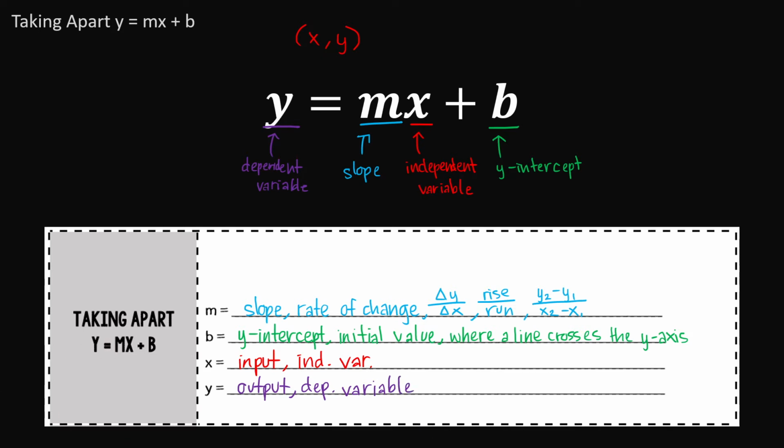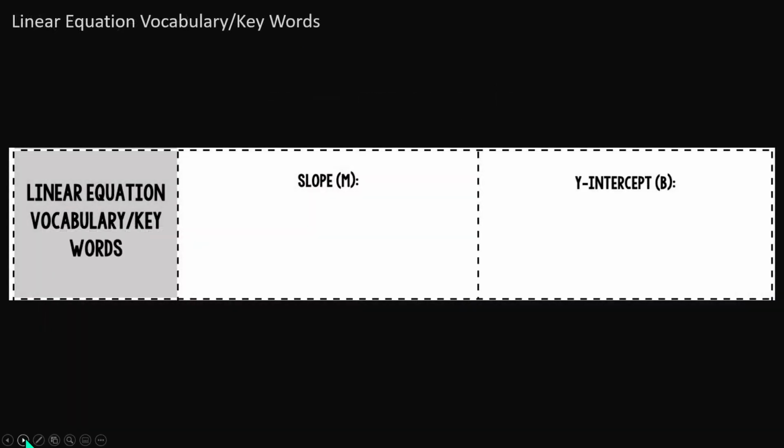So now let's provide some context to all this. We're going to be looking for key words in real-world problems and situations, especially regarding slope, which is our m variable, and b, our y-intercept. So when we interpret a word problem and we're looking for the value that matches the slope, we're going to see words like each, every, per.